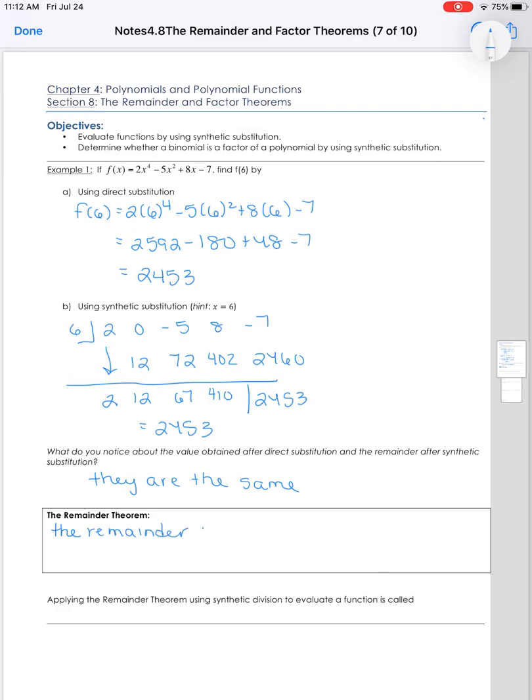What do you notice about the value obtained after direct substitution and the remainder? They are the same.